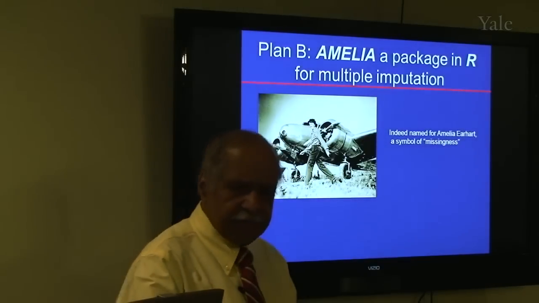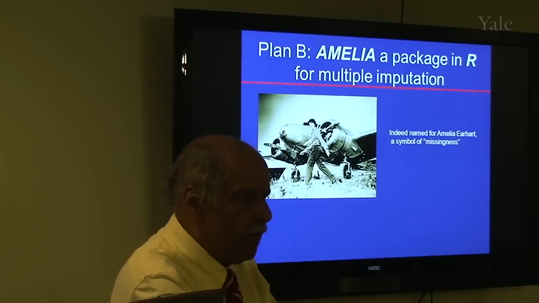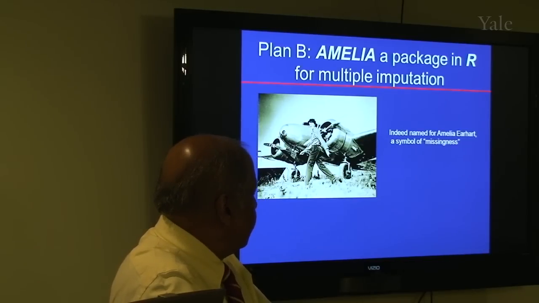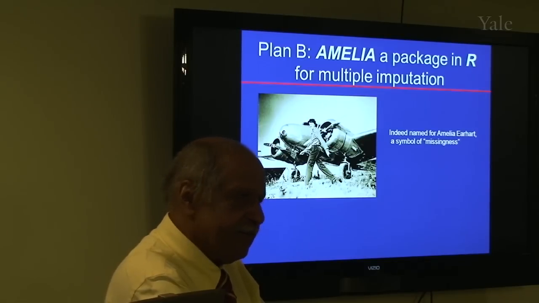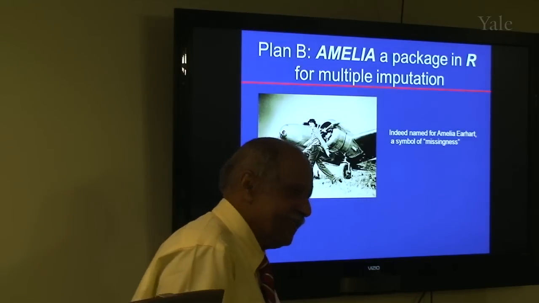So Plan B, since you looked at the WinBUGS instructions and threw your hands up, would be to use the Amelia package in R. And it is indeed named for Amelia Earhart, rather whimsically, as a symbol of missingness.